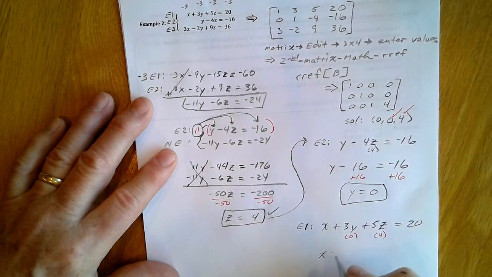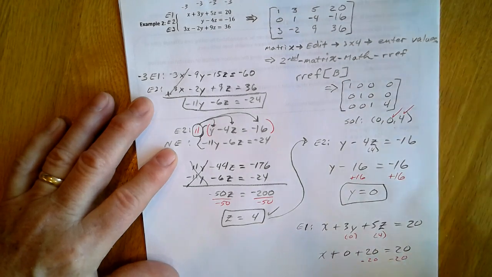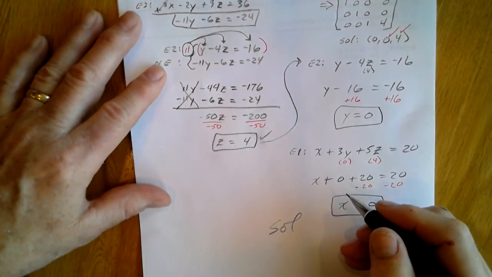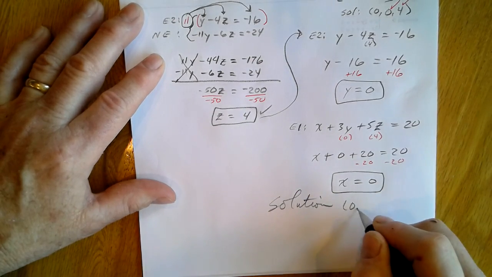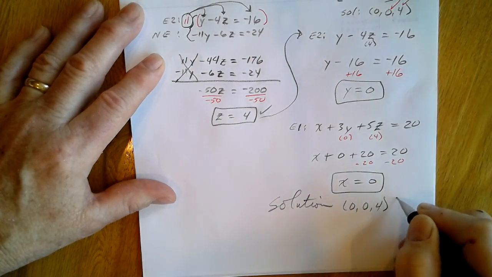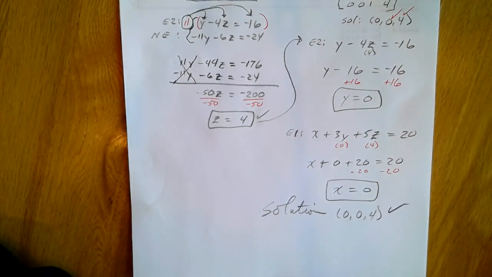So I'm going to get x plus 3 times 0 is 0, plus 5 times 4 is 20, equals 20, minus 20, minus 20, x equals 0. Solution: 0, 0, 4, and it checks with our matrices.